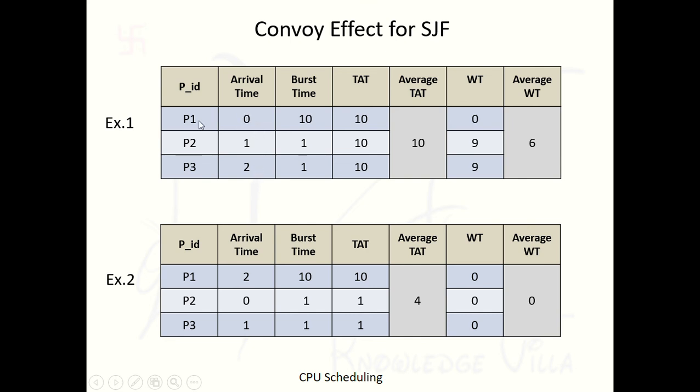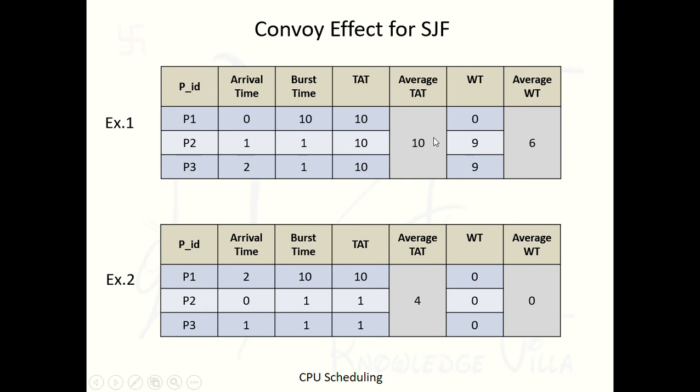Here P1 arrived first, and here P2 arrived first. But what is the difference? P1 is a larger process and requires the CPU for 10 time units, and P2 is a smaller process that requires the CPU for only 1 time unit. So that is the wide difference. Here the larger process arrived first, and here the smaller process arrived first.